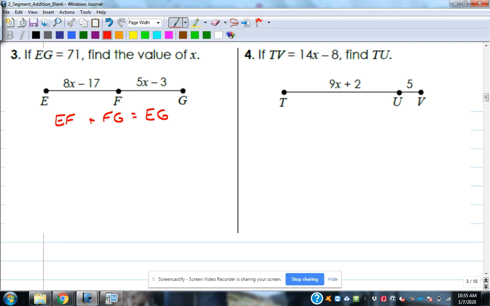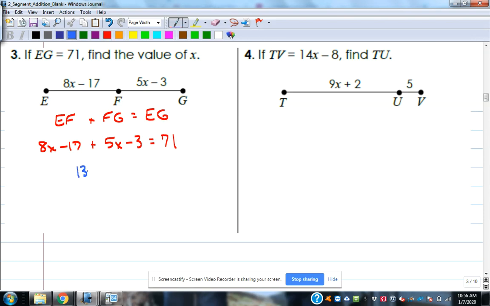And we know that we're going to replace each of those things, and we would do exactly what she said. We'd have 8x minus 17 plus 5x minus 3. But on this one, we know that EG is 71. So there we have an algebraic expression with some like terms in it, and we just solve that. No 7th grade math problem.